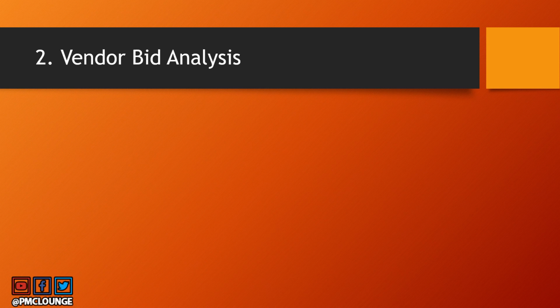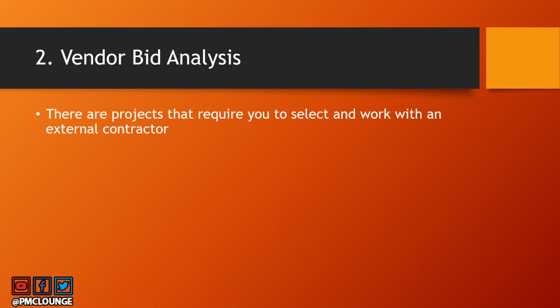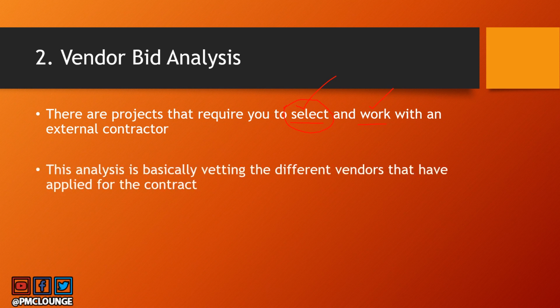Second is vendor bid analysis. Now, there are projects that require you to select and work with an external vendor. So you may have to select a vendor first and then you'll have to work with that vendor. So the entire procedure of how you select a vendor, the external contractor, that is vendor bid analysis.